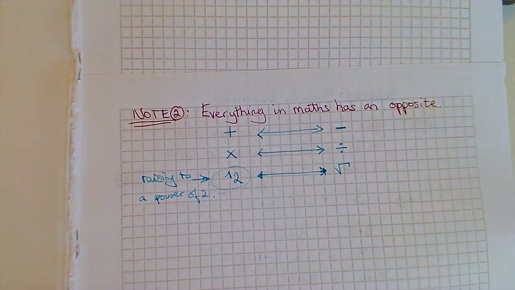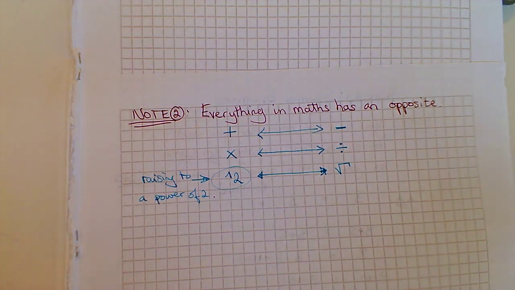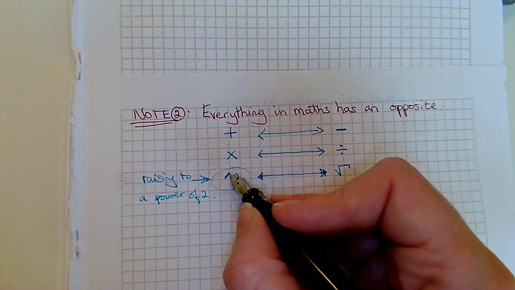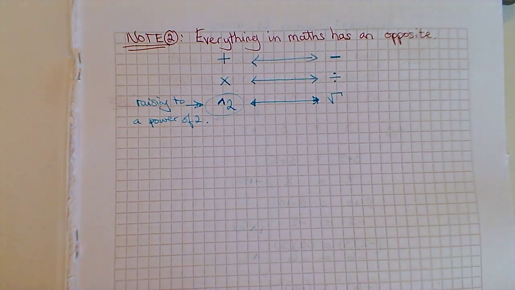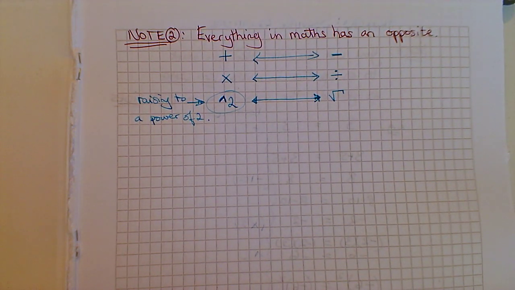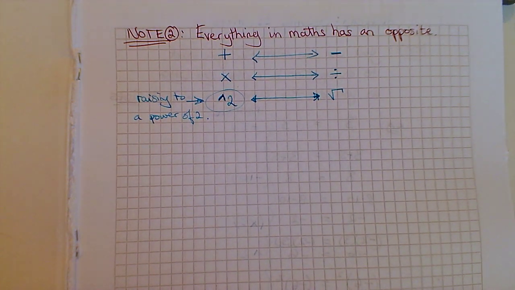So anything we can do in maths, we can do the opposite of it. And these two facts, the first note, doing the same thing to both sides of an equation, and getting the opposite of a function, the opposite of something we've done in maths, allow us to solve equations.